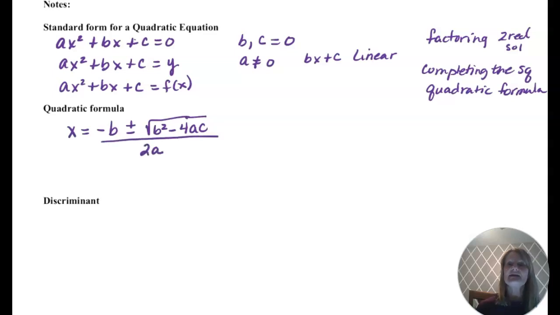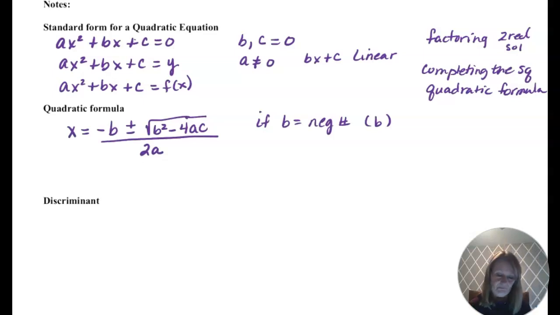Now, a couple of things that you need to be careful with. One is that if b is equal to a negative number, then you must always put parentheses around your b. If you don't put parentheses around it, you're going to get it messed up, especially if you are plugging things into your calculator.